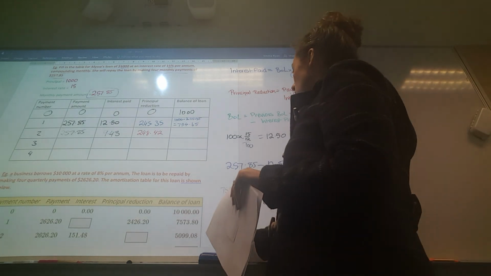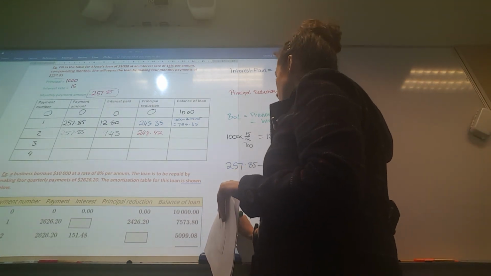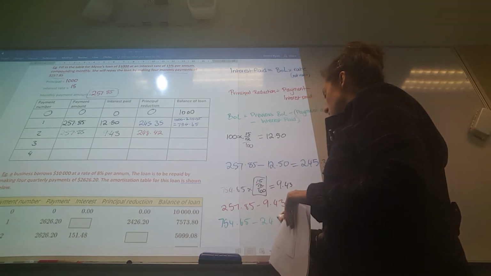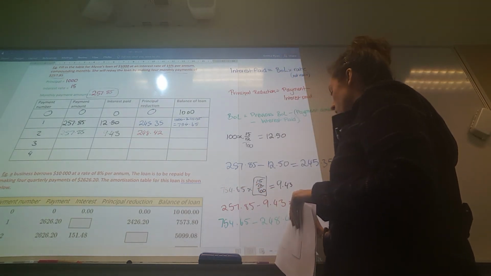And then the balance of the loan, we should have 754.65, take away 248.42.